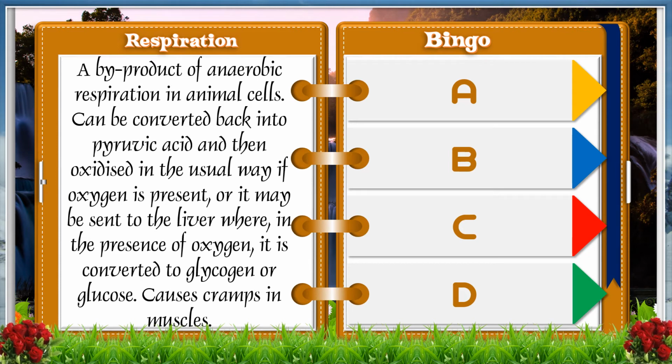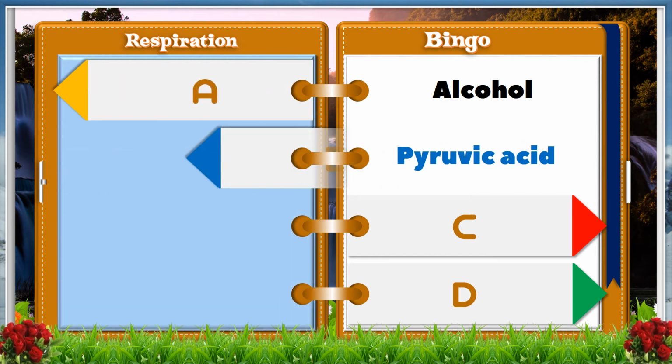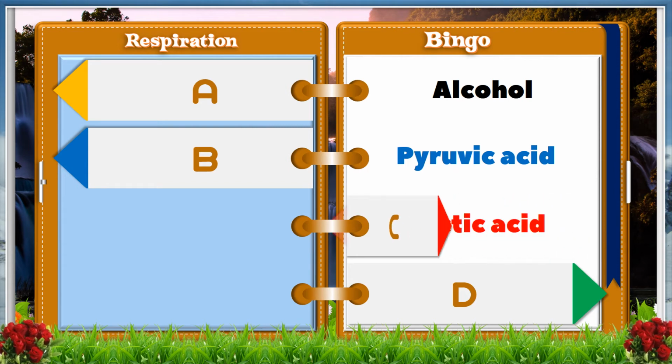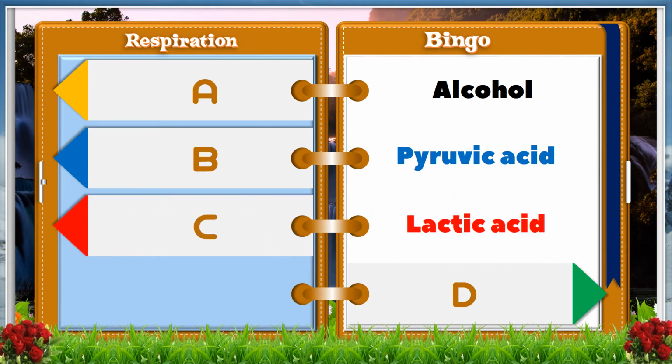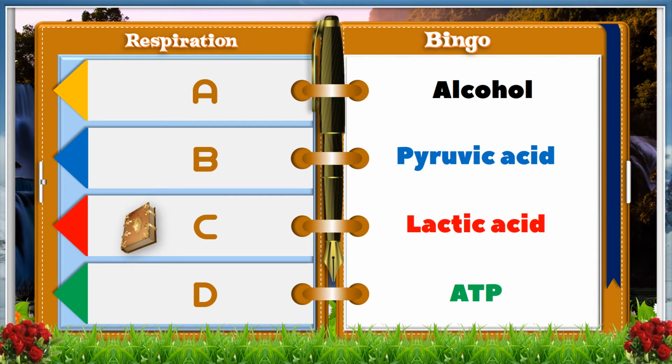Causes cramps in muscles. A. Alcohol. B. Pyruvic acid. C. Lactic acid. D. ATP. The answer is C. Lactic acid.